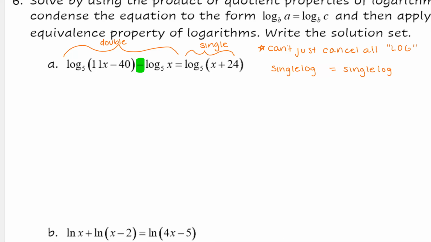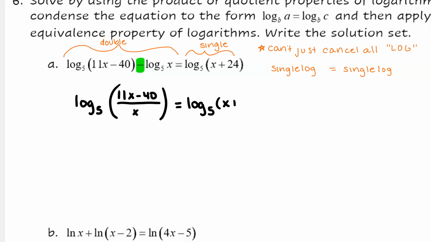Well, subtraction turns into division. So I have 11x minus 40 over x. And I'm going to wrap that up, and on the outside, I'm going to write log base 5. And I'll keep the other side as log base 5 of x plus 24.